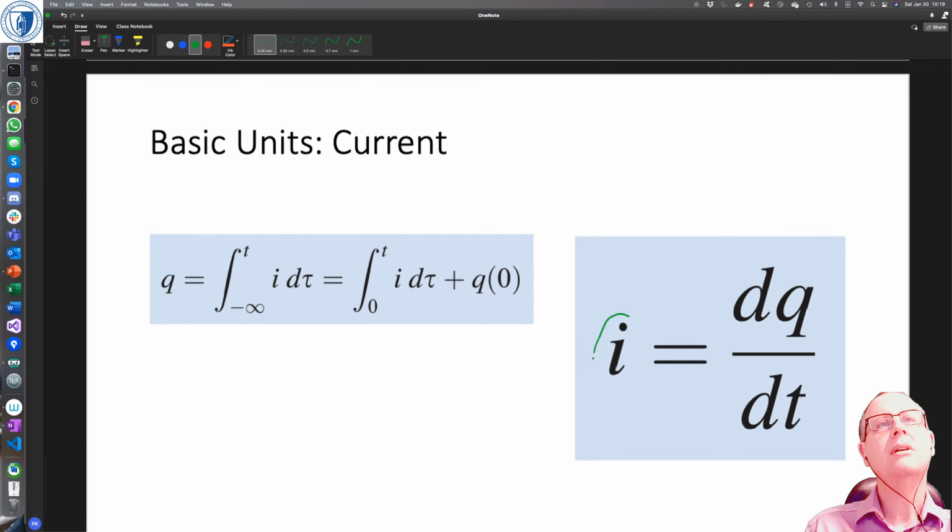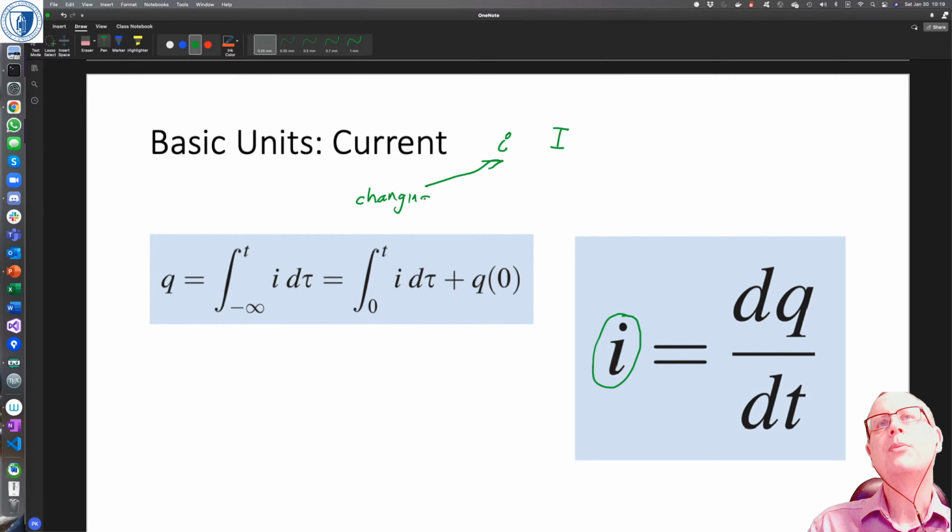Current is usually written as I, and I tend to use small letters for changing values or values that change with time, and capital letters for constants.